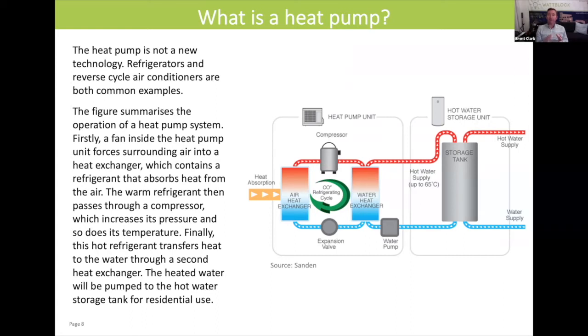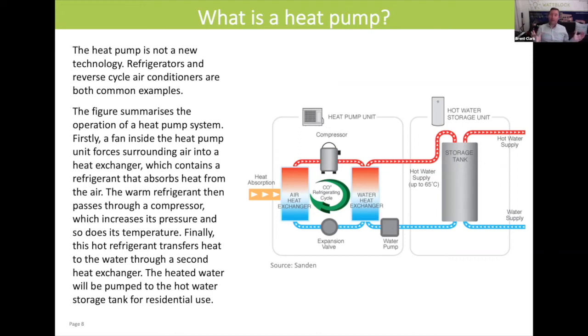If the temperature in the air is any higher than that, that energy will be sucked into the heat pump, be put through a compressor, and it'll be used to heat water through a heat exchange process. So this process for heating water consumes about 80% less energy than a traditional gas storage hot water system.